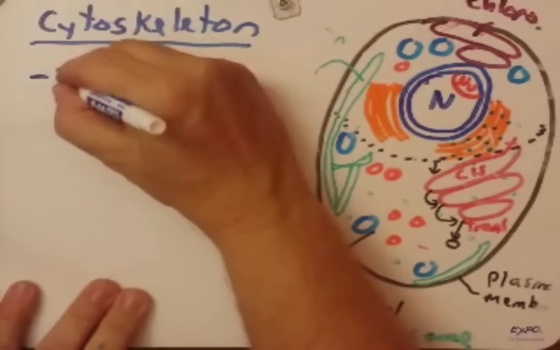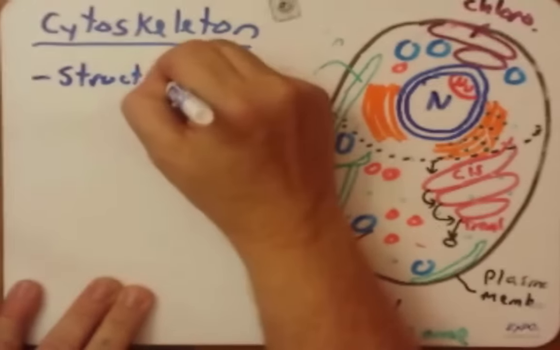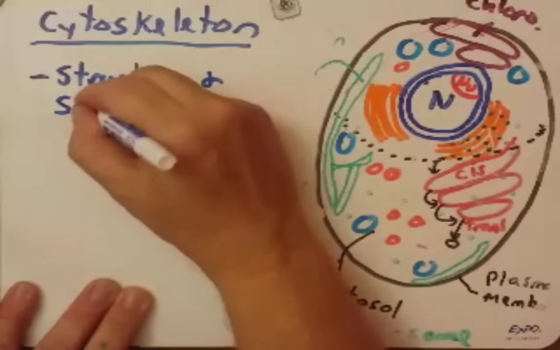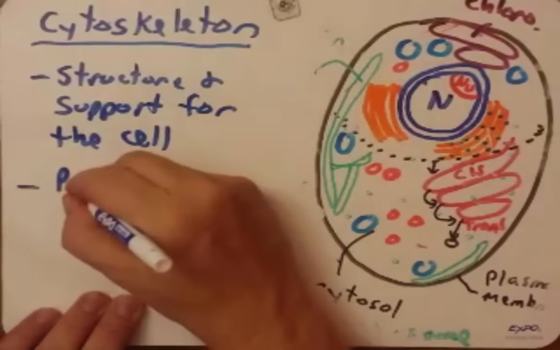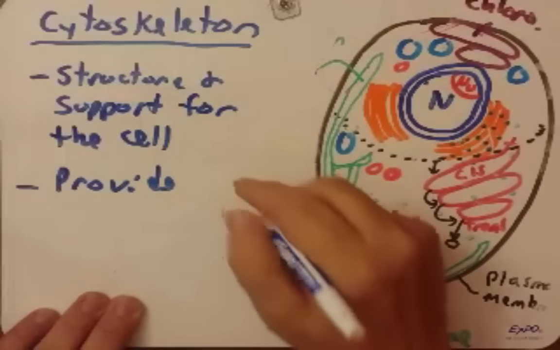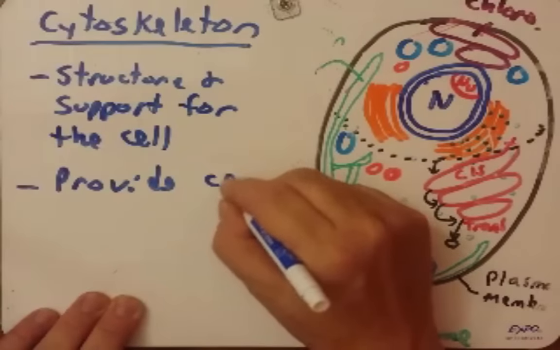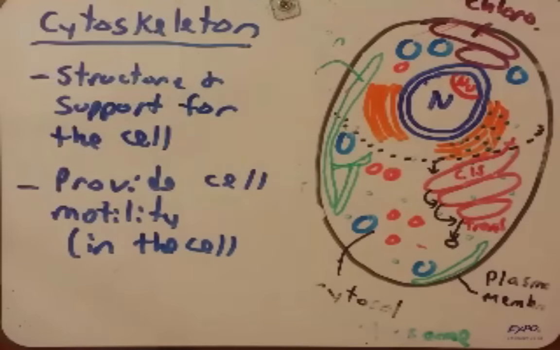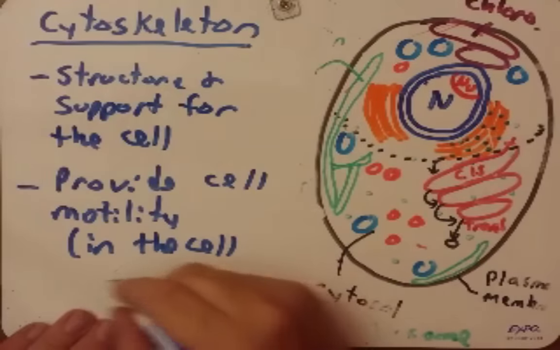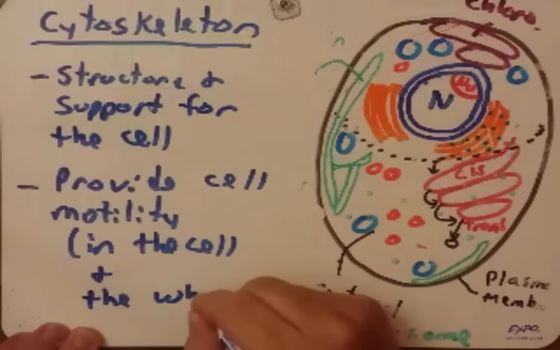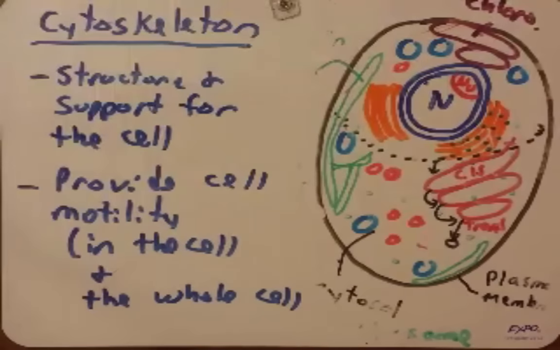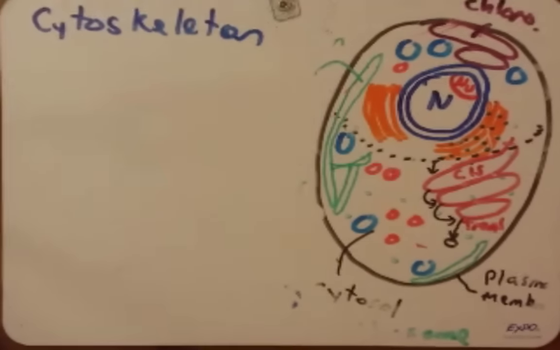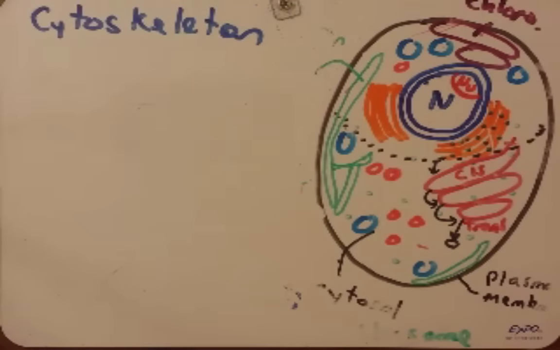They provide structure and support for the cell, provide motility, well, cell motility, that is in the cell, meaning moving things in the cell from one part of the cell to another part of the cell, and the whole cell. So in general, that's what the cytoskeleton does. But there are a couple specific cytoskeletons that I want to talk to you about. The first one are what we call microtubules.